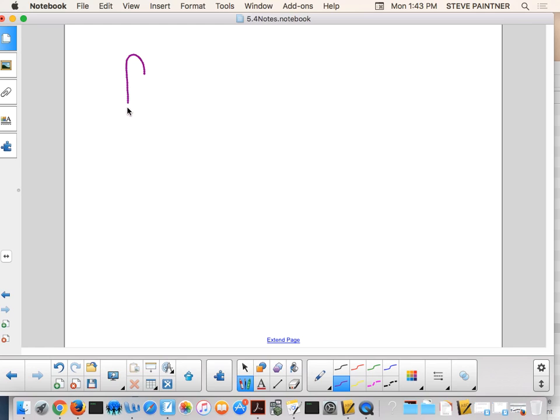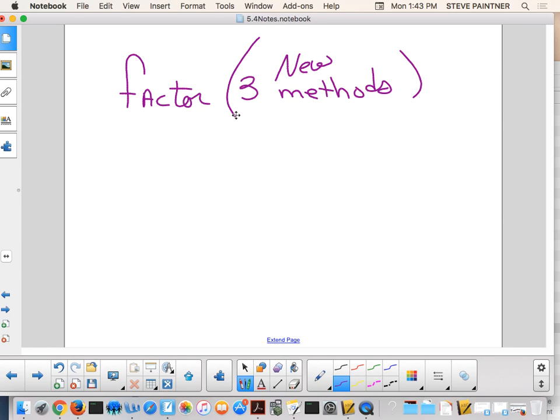Really all it is, is the 3 new factoring methods. Who can say them? Grouping, yes. Substitution.